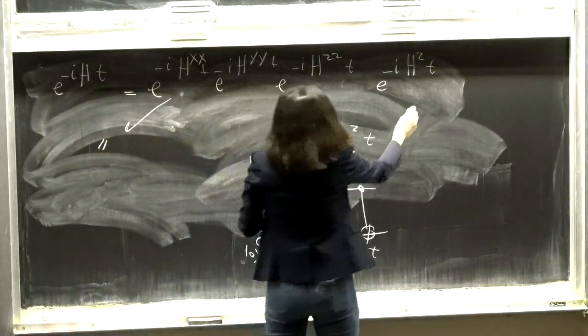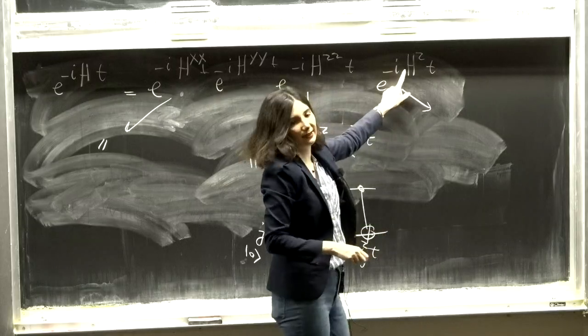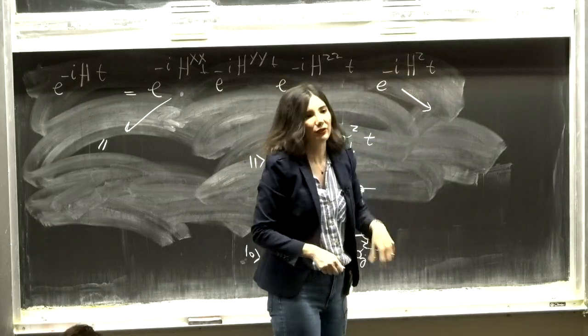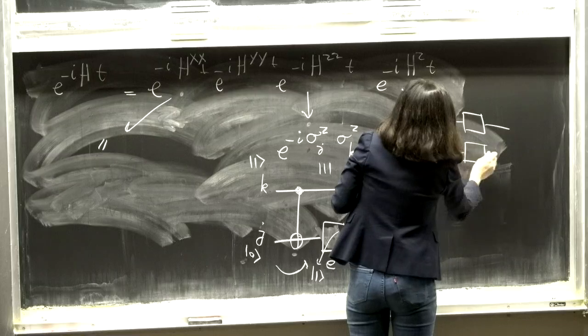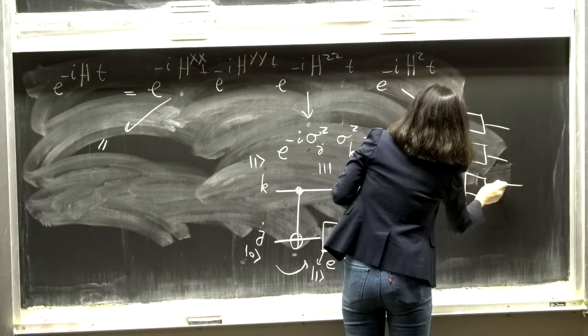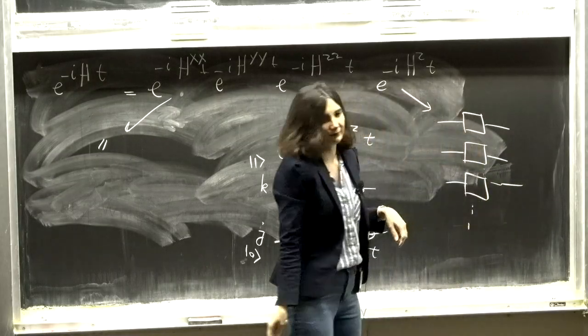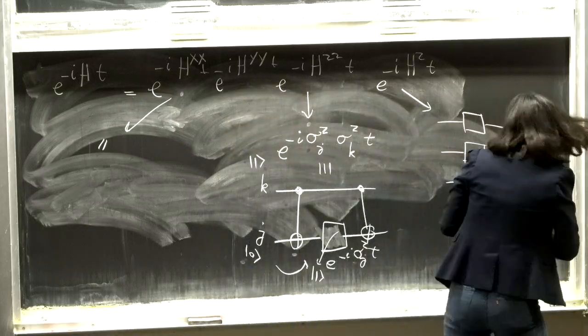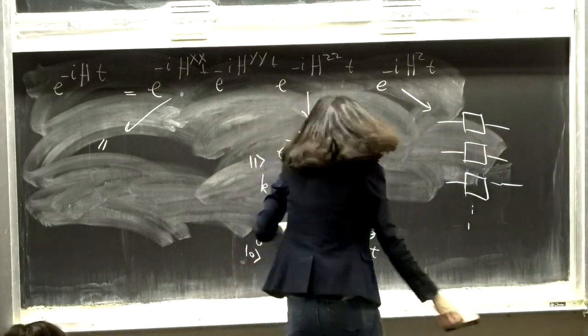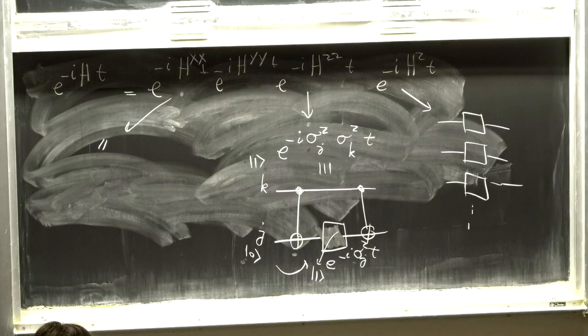And obviously, this is simple because this is just a single RZ gate on each of the qubits, right? So you have things like this on each of the qubits. Okay?